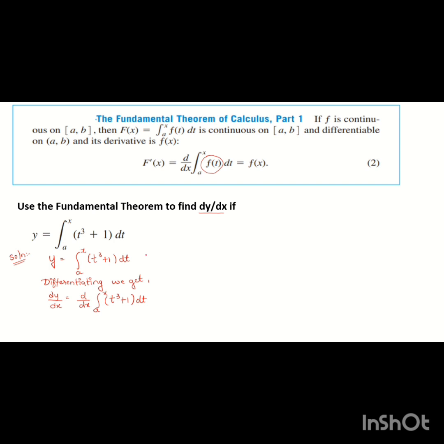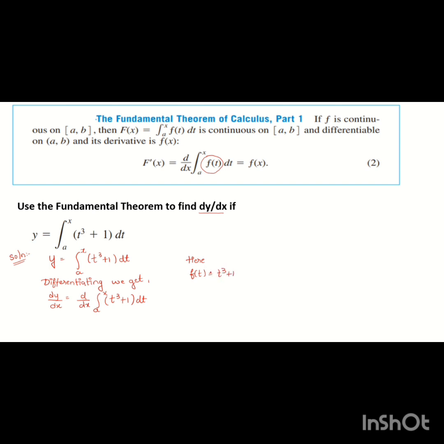So you are going to compare the given formula with the problem we have now. d/dx and d/dx, integral a to x, same integral a to x. In place of f(t), we have t cubed plus 1 and dt. So we can say here f(t) is equal to t cubed plus 1.